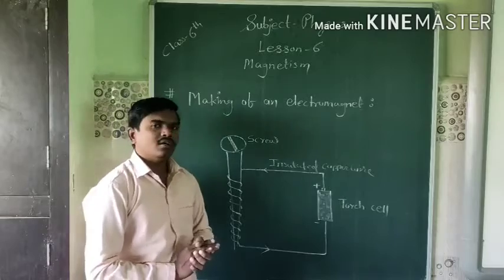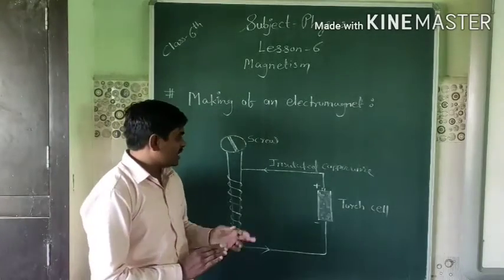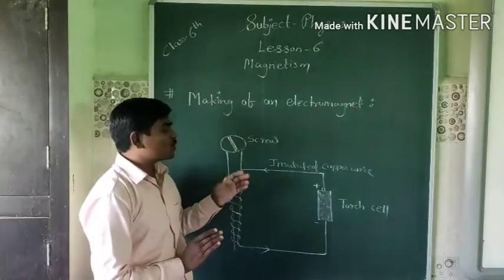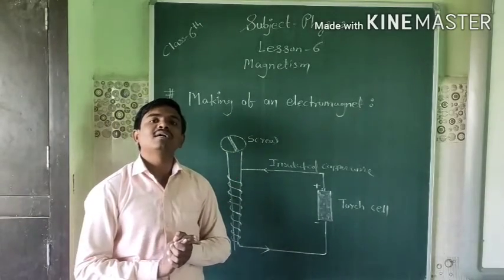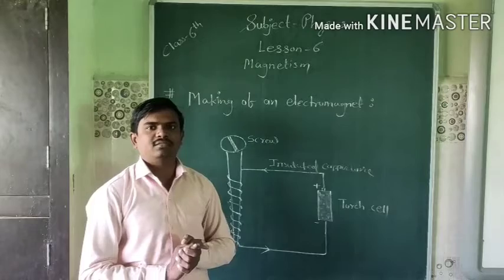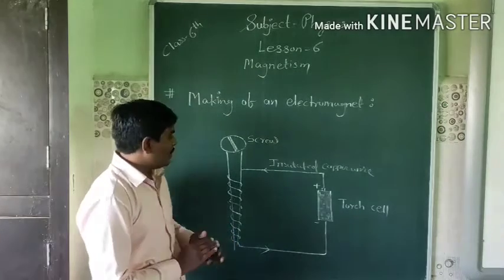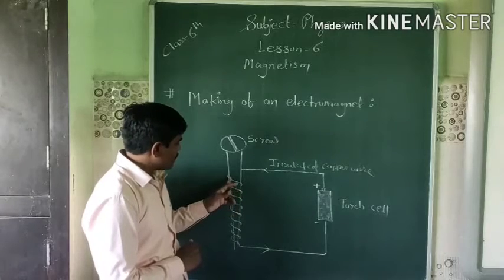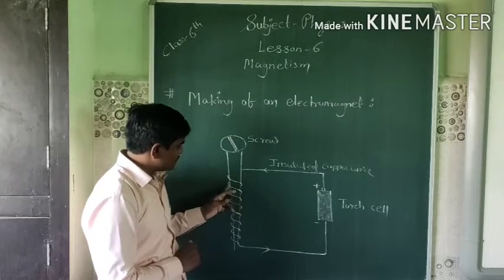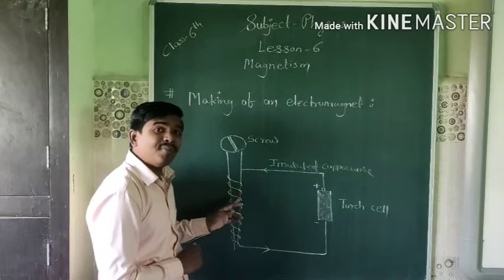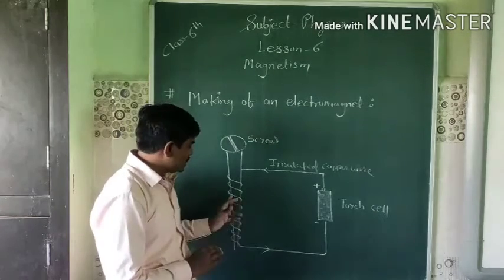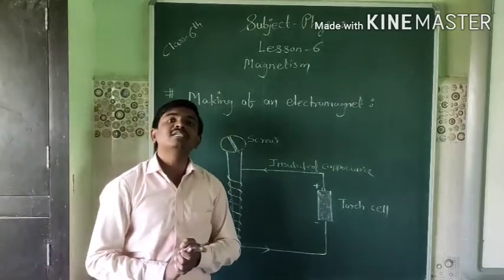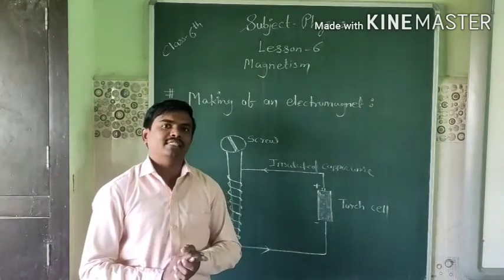So students, when the current is passed through these coils, this screw will become an electromagnet. And students, the maximum number of coils will be there. Here the turns will be maximum, so it will become a strong electromagnet.